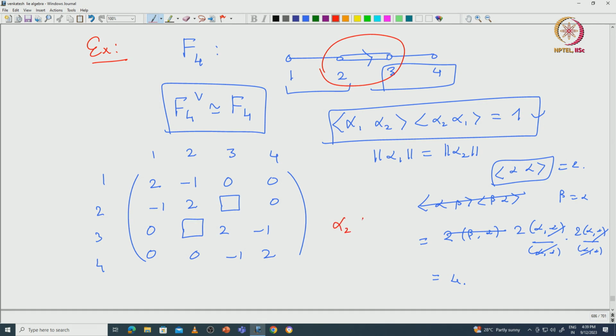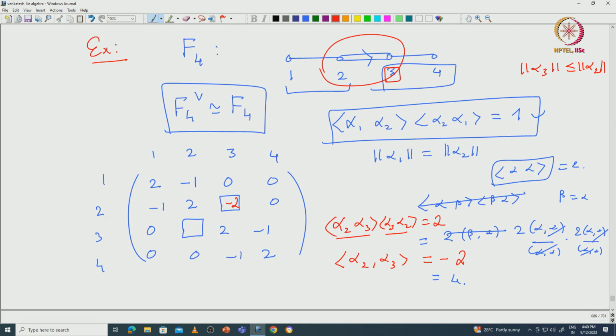So, for alpha 2 alpha 3, the product of the inner products alpha 2 alpha 3 and alpha 3 alpha 2 must be equal to 2. Now, the arrow points towards 3, so that means the norm of alpha 3 is less than or equal to the norm of alpha 2. Both these numbers are non-positive integers and alpha 3 has norm lesser than alpha 2, that makes the Cartan integer alpha 2 alpha 3 exactly minus 2, that is the 2 3 entry.